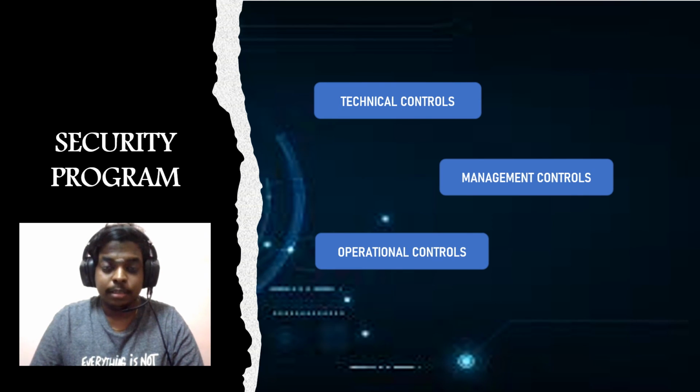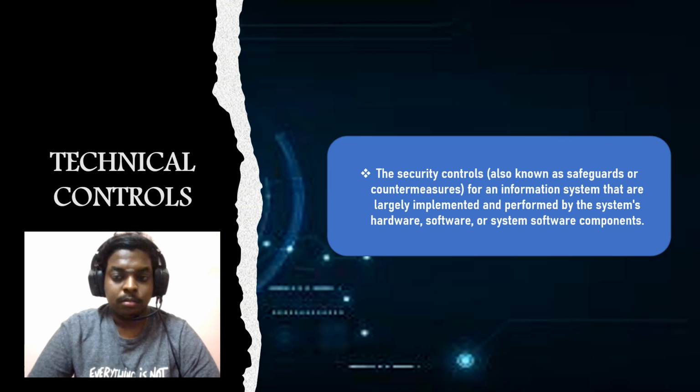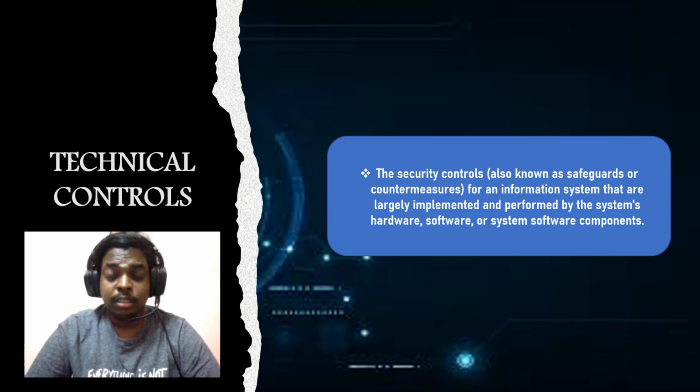The last subtopic is security program. First is technical controls, secondly management controls, and thirdly operational controls. Technical controls: the security controls, also known as safeguards or countermeasures, for an information system that are largely implemented and performed by the system's hardware, software and system software components.